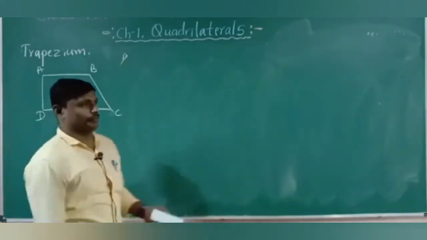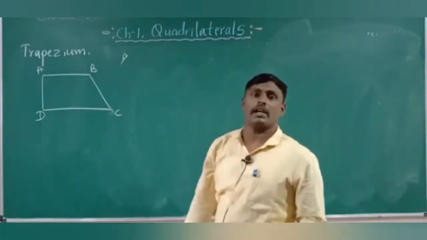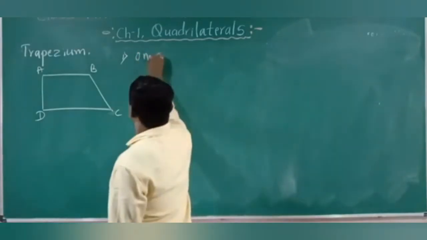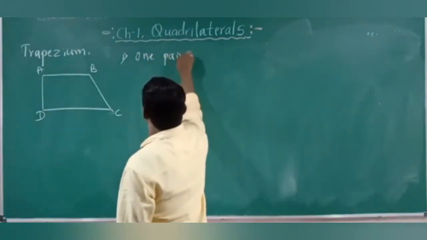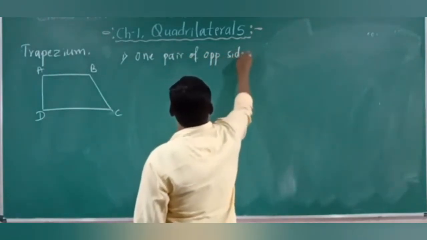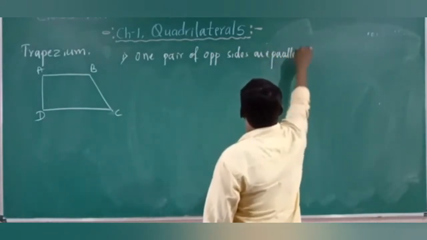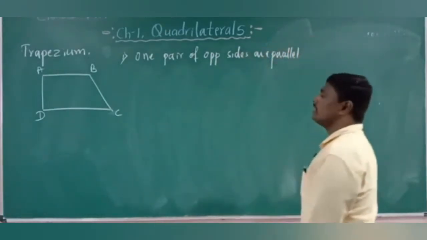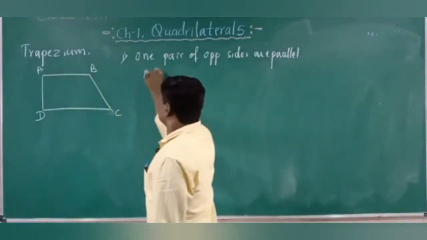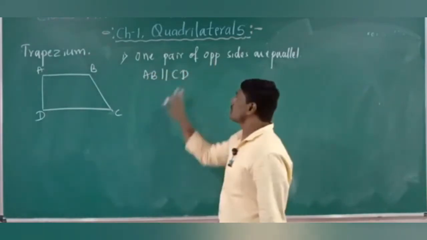First property, as we all know, one pair of opposite sides are parallel. What is the one pair? The side AB, which is parallel to the side DC. So this is the one pair.